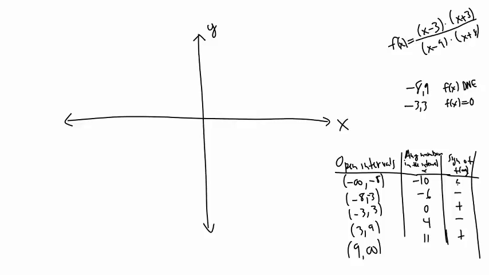So let's first plot any x-intercepts. We had a y-intercept. We have the vertical asymptotes right here.